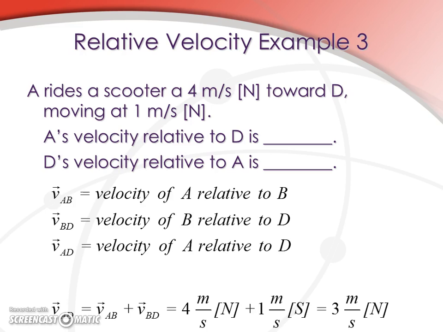But we can make it explicit again. We introduce again Brian, or the ground, we can take our pick on that, and get the velocity of Anita with respect to Brian, get the velocity of Brian with respect to Daryl, and then we can get the velocity of Anita with respect to Daryl.